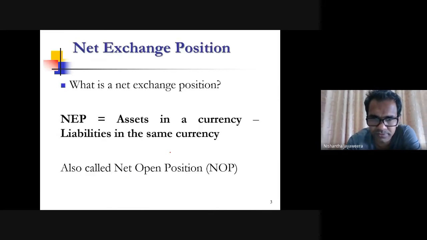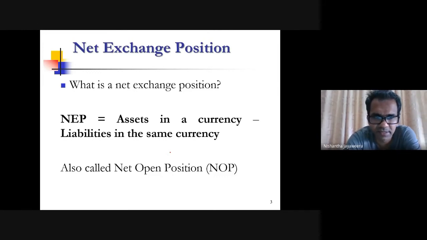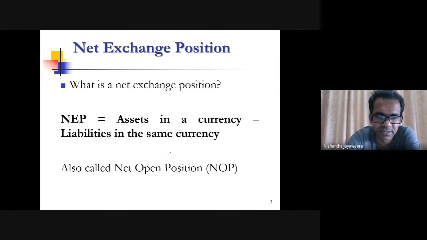So what is a net exchange position? In simple terms, it is the difference between assets in one currency and the liabilities in the same currency. If you take dollars, for a Sri Lankan bank, what is the amount of assets in dollars?